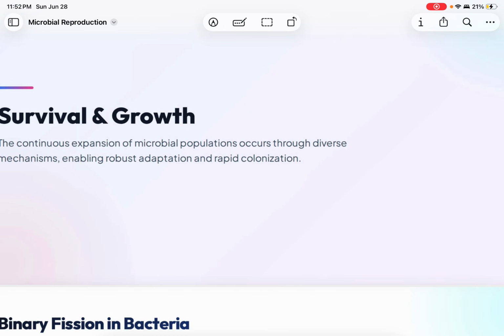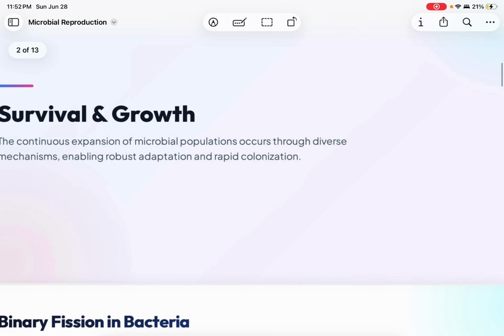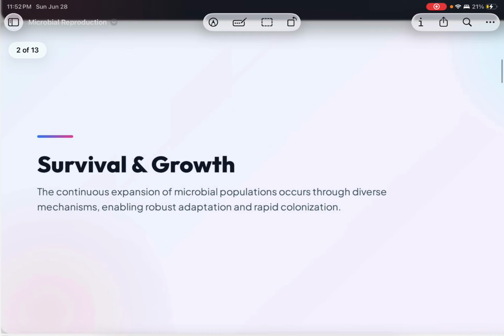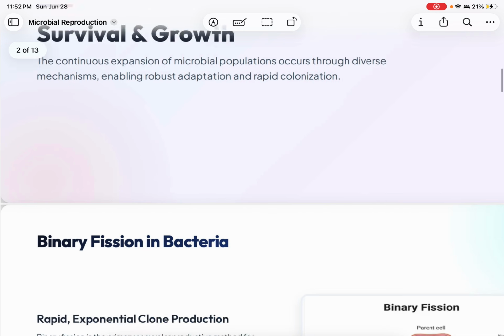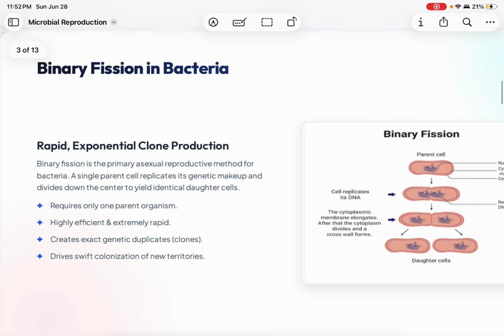The most common method of bacterial reproduction is called binary fission. Binary fission is an asexual process, which means only one parent cell is required.